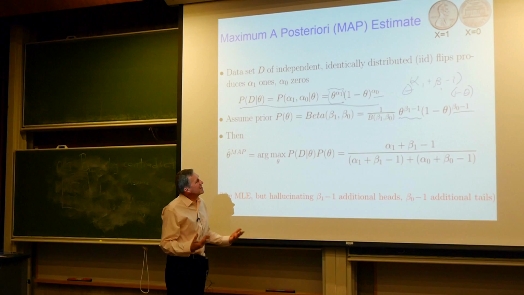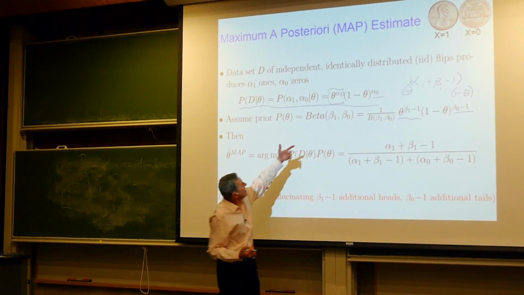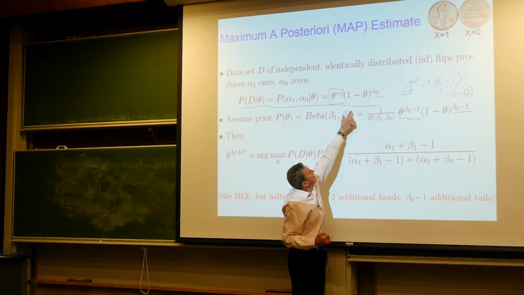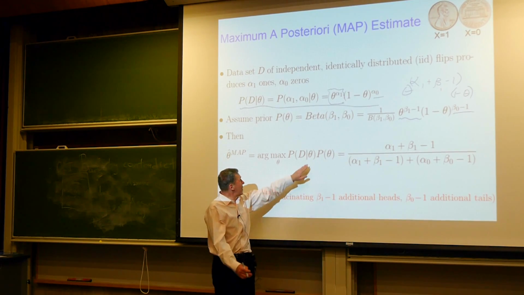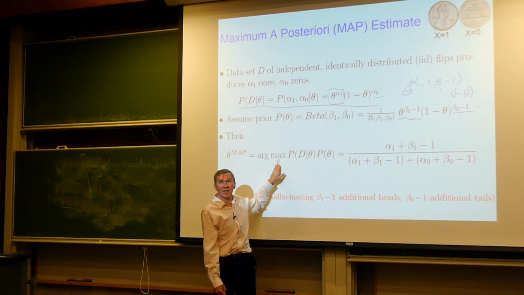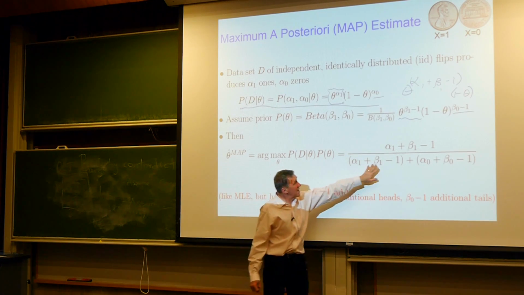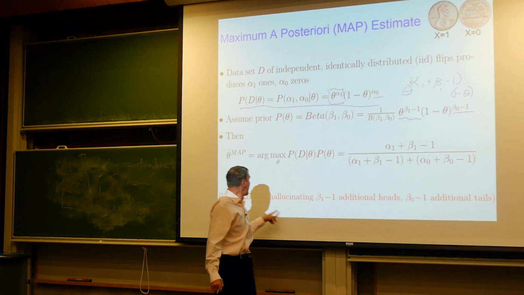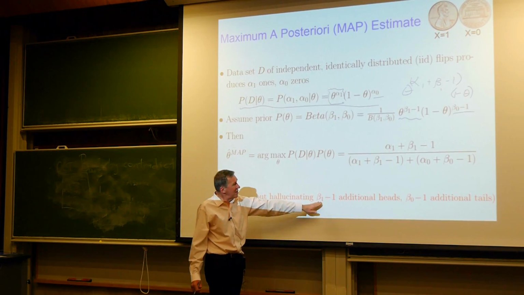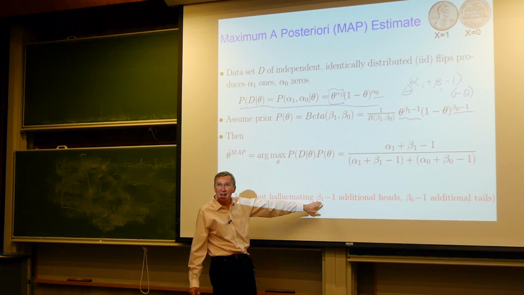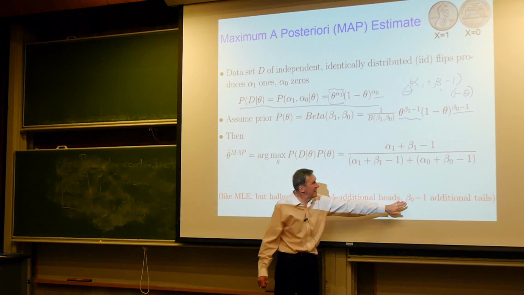So that actually gives us something of the same kind of form. And so then, not surprisingly, when we maximize this by picking the theta that maximizes it, we got something that looks just like the MLE estimate, except with some hallucinated additional imaginary heads and tails added in.